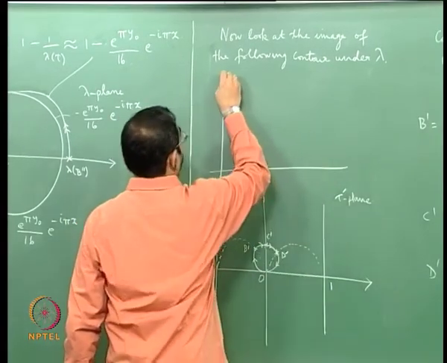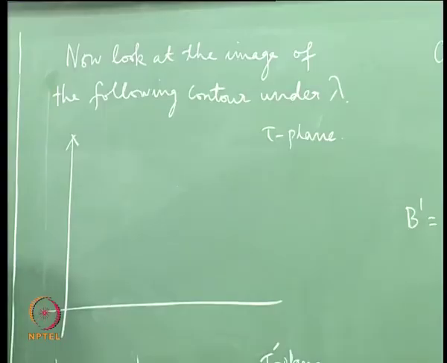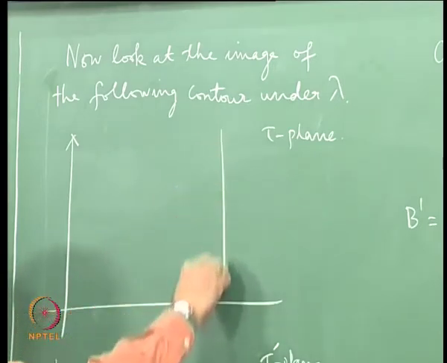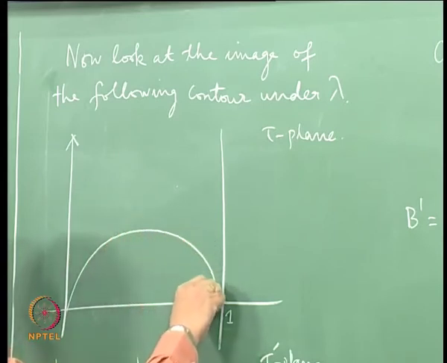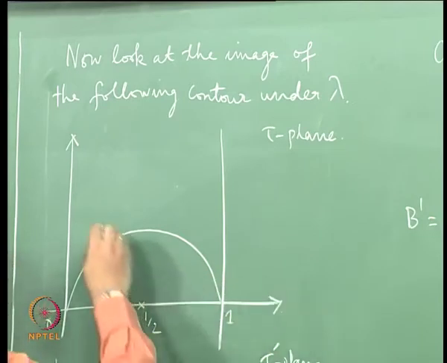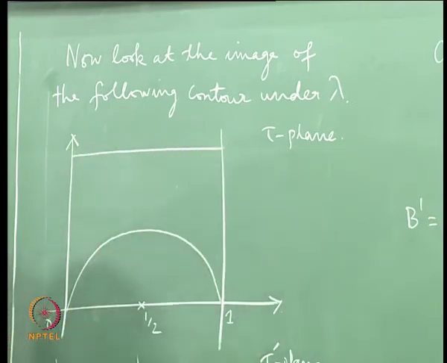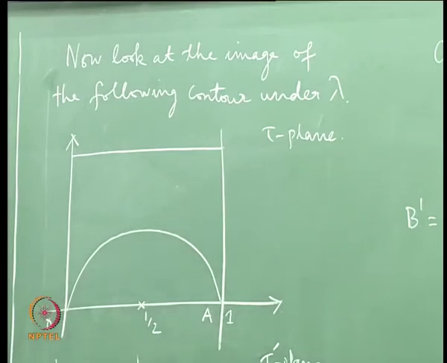So here is my, this is my tau plane, right, and I have this point which is this line, and then I have this large semicircle centered at half. This is the origin, and then I have this line segment, and I'll call this A. Let me keep these notations properly.